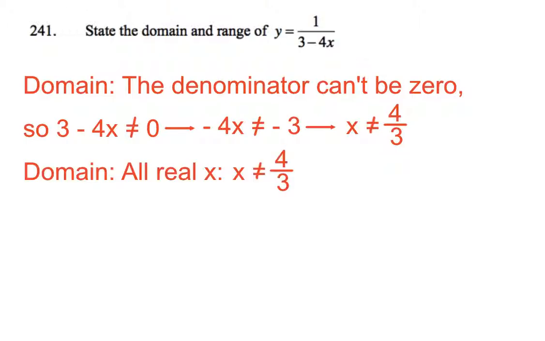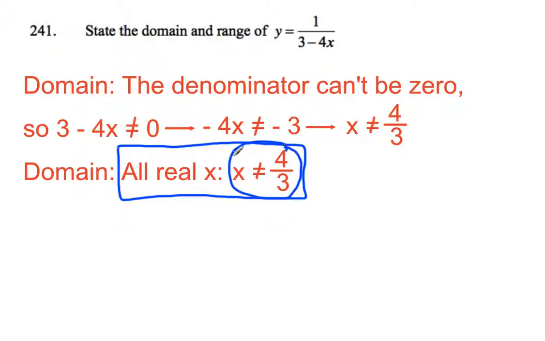And so that's the way we say it. It's a funny way of saying it, but the domain we state as all real x. In other words, lots of x values are possible. Every other x value is possible, but this is like a condition we put on. This little symbol here, the 2 dots, it says all real x such that x is not equal to 4 over 3. That's the way we read it.